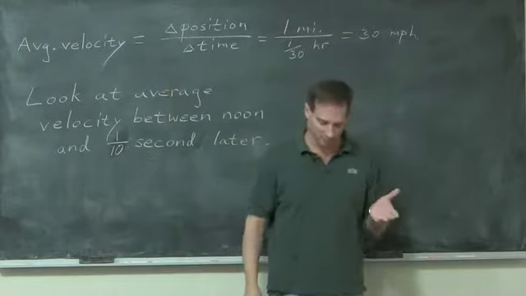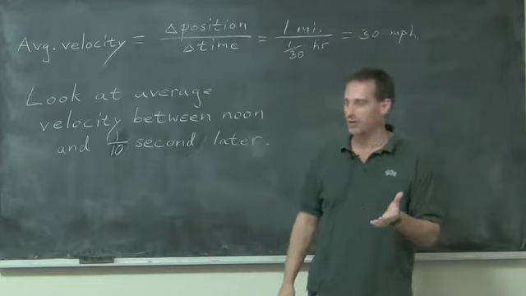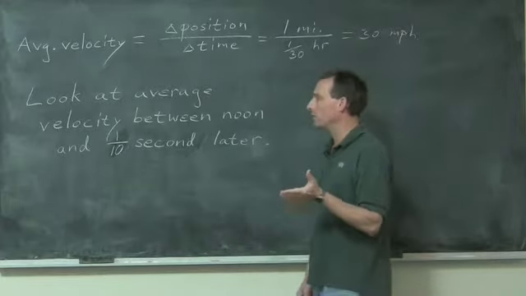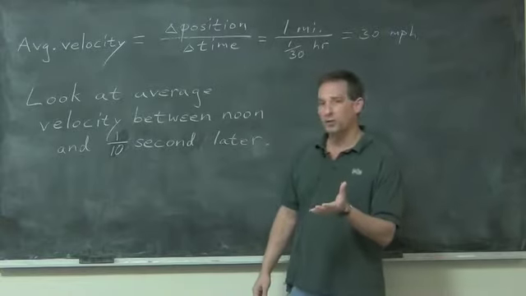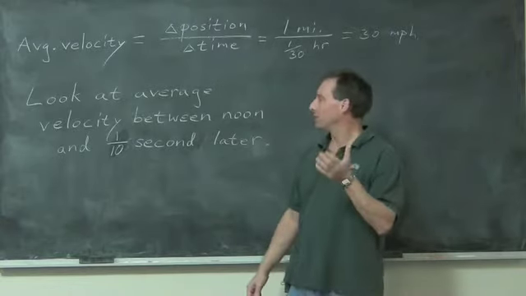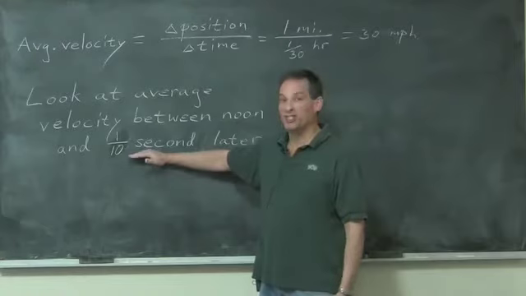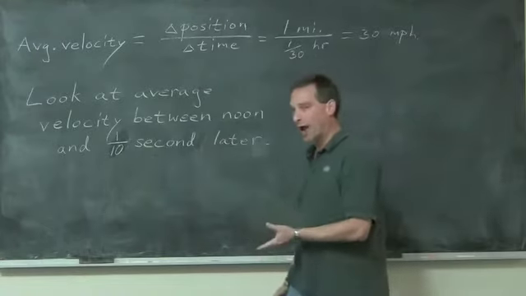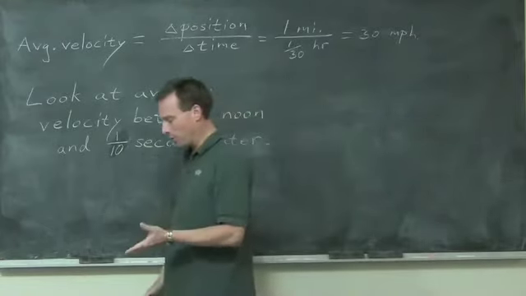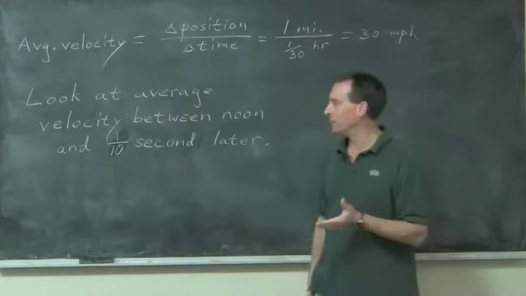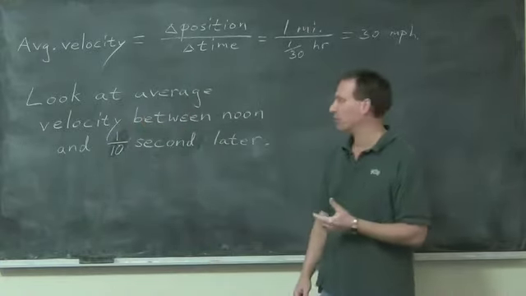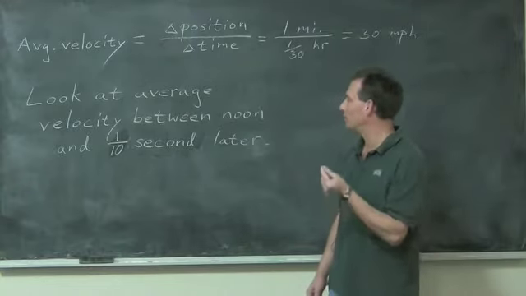Surely that's enough to get what most anyone would call a reasonable approximation to the velocity of the car at noon. You take the position of the car at noon plus 1/10 of a second, subtract the position of the car at noon, and divide by 1/10 of a second, or the appropriate fraction of an hour if you want things in miles per hour.